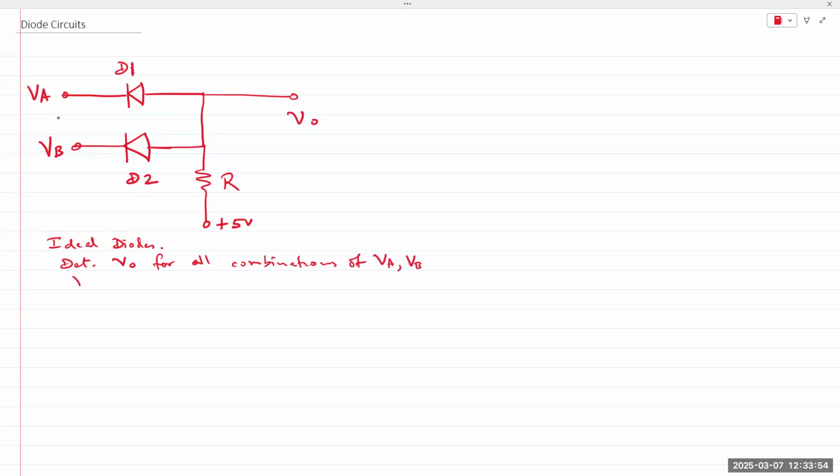VA and VB can take on 0 volts or 5 volts. All right, so now you write it down and let's work through this. You tell me what the answer would be. So we'll wait until everybody finishes.